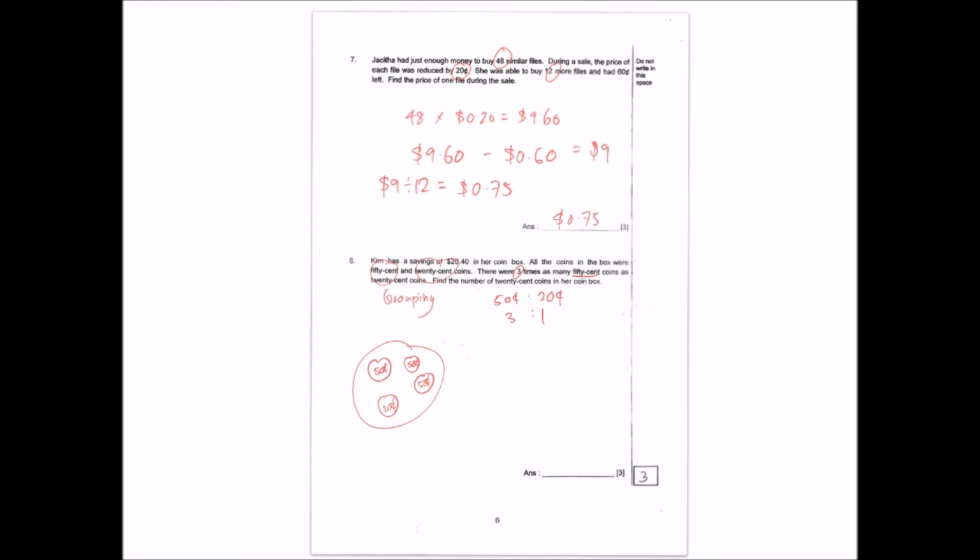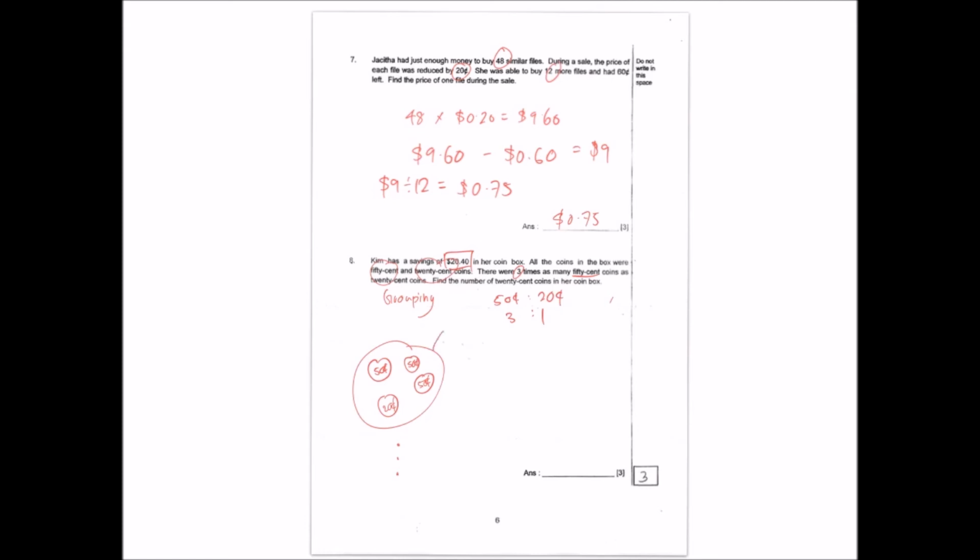Since the value given to you is $20.40 in the total value, you find the total value of one of these groups. There will be several of these groups, so you can draw a dot dot dot for it. You don't know how many groups there are, but that's what you're trying to find out.